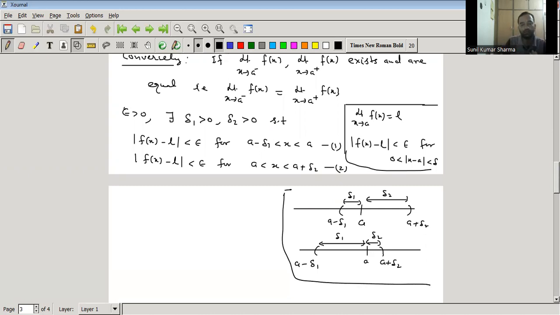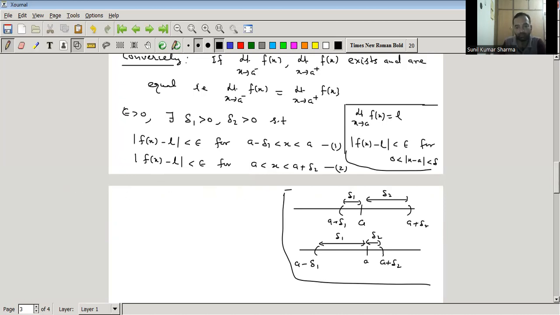Still, we find two positive real numbers, delta 1 and delta 2, depending upon epsilon, such that for the left hand limit mod f(x) minus L is less than epsilon. We estimate f(x) and L when we go towards a from the left hand side, we find delta 1, and from the right hand side we get delta 2.